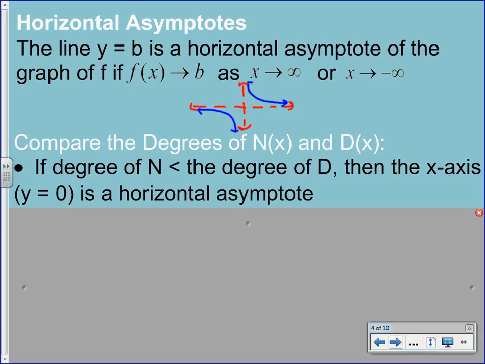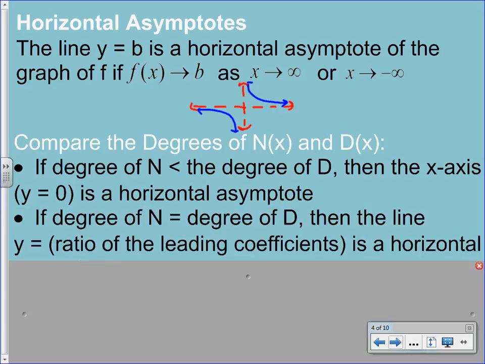What about when the degrees are the same for numerator and denominator? Do you remember that? When the degrees are the same, then we look at the ratio of the leading coefficients.